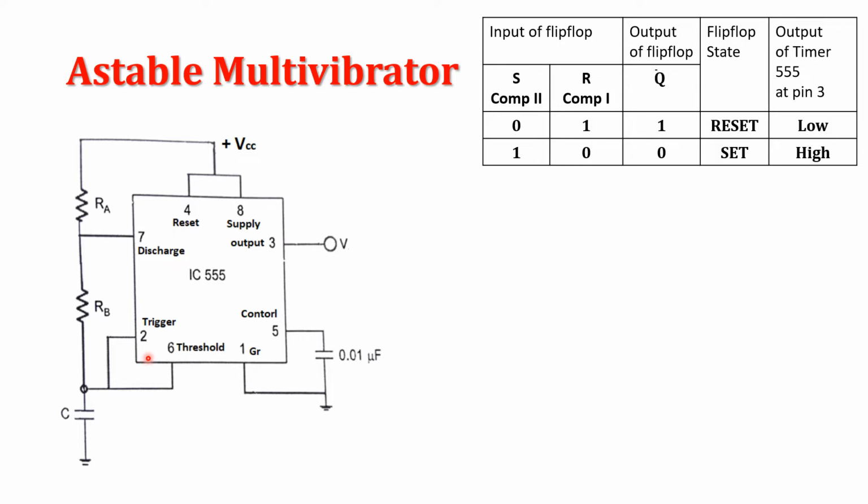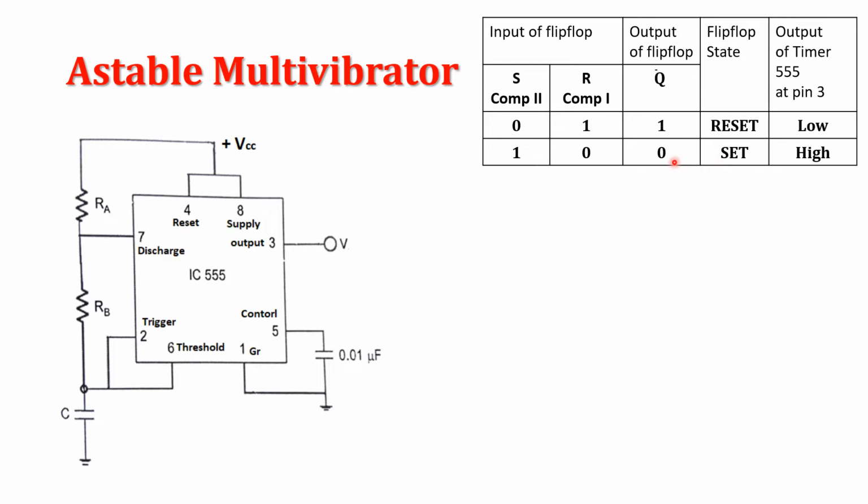So the lower comparator 2, its output is high, that is S is 1. Automatically the other comparator is 0 and the output of the flip-flop is low. If the output of the flip-flop is low, that condition is the flip-flop is in the set state.